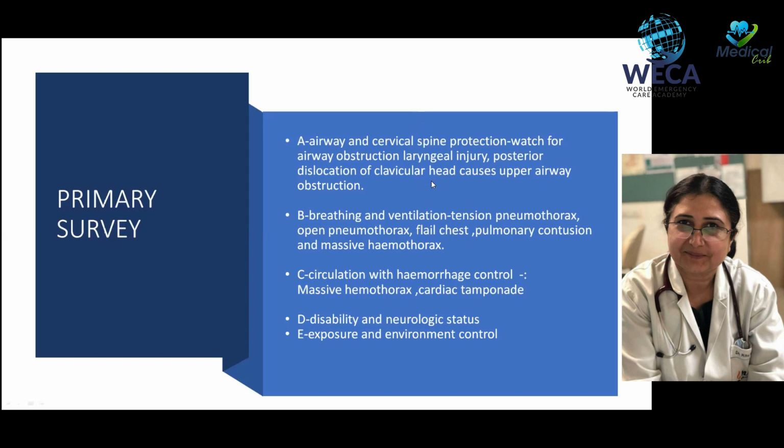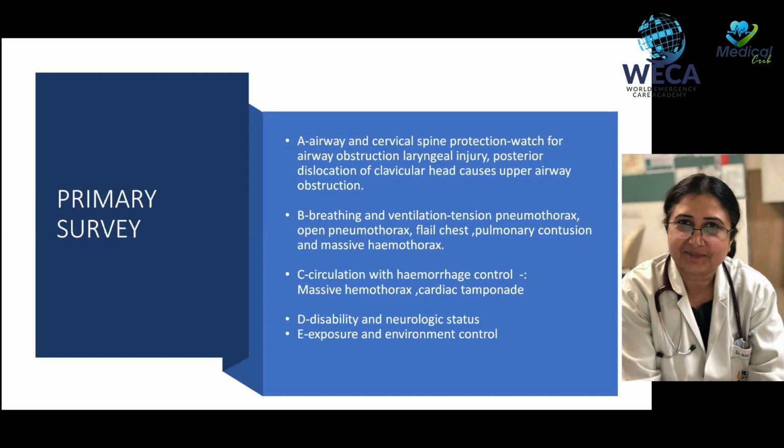Here we have to look for the entities which cause ventilatory problems and compromises to the patient who receives blunt chest trauma, like tension pneumothorax, open pneumothorax, flail chest, pulmonary contusion, and massive hemothorax.